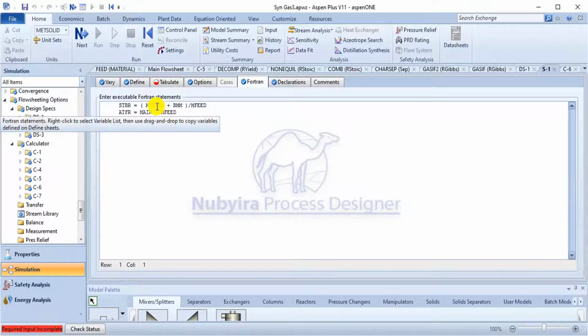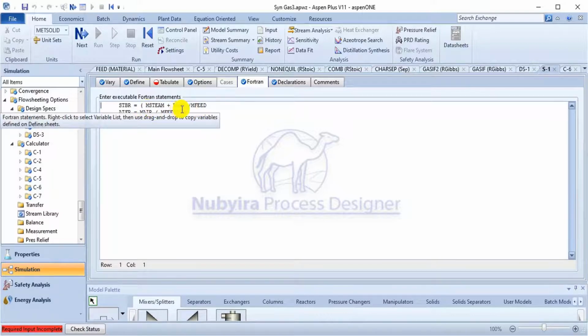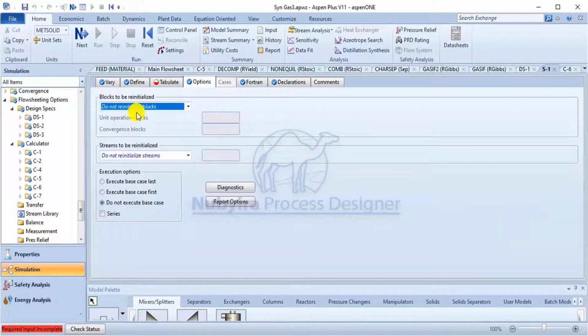It's using mass steam divided by mp. This one is mass of air divided by m of it. So you have to make sure you are consistent with the units and all this. This is like the command prompt, the control panel for the sensitivity analysis.